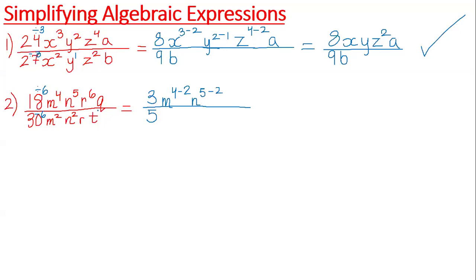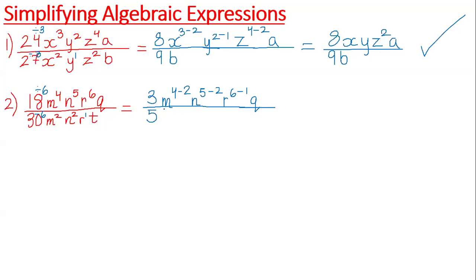Then it's gonna be r to the power of what? 6 minus 1, because r by itself is r to the power of 1. Understand that? That's why it's 6 minus 1. And then we're just gonna be left with what? q and t.